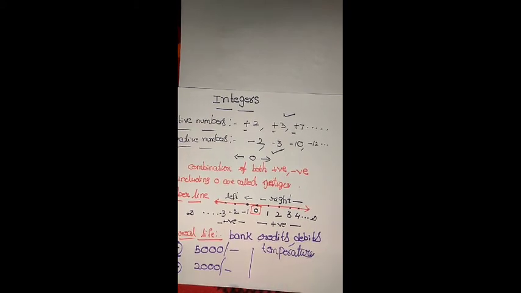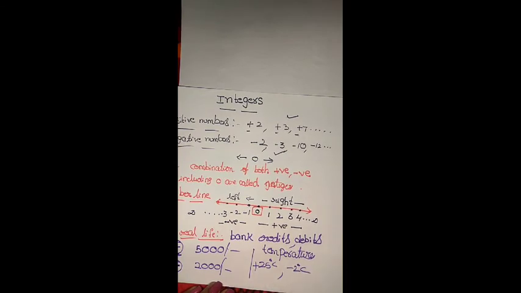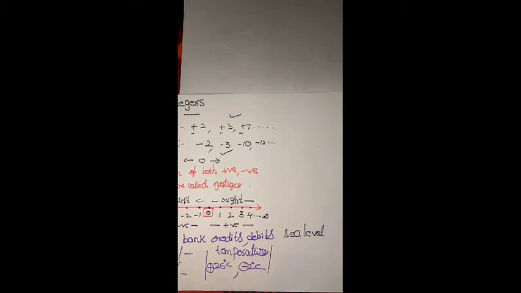And for representing temperatures, suppose from this location we have the temperature as 25 degrees Celsius. In the winter season the temperature is often minus. So in order to represent our temperatures we can use integers. And next we also use integers to represent the sea level.